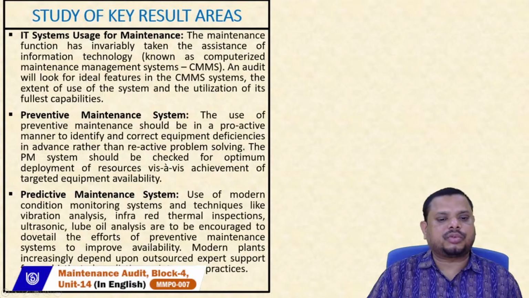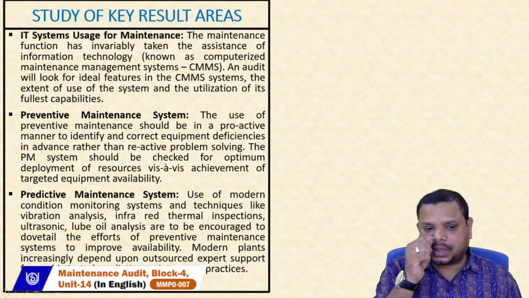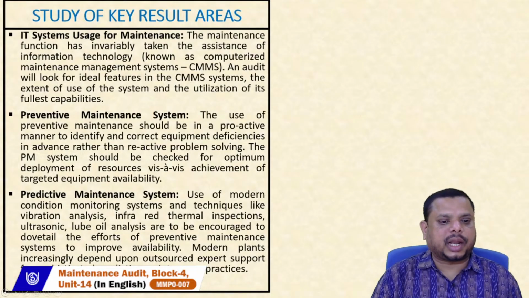Here you have to go for analysis of vibration and analysis of oil conditions, which are also encouraged so that the availability of machines as well as equipment is automatically increased. In the modern era, outsourced experts or third-party agencies are engaged for sophisticated predictive maintenance practice inside organizations.